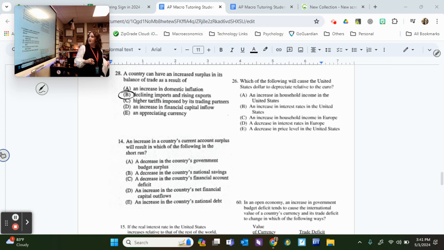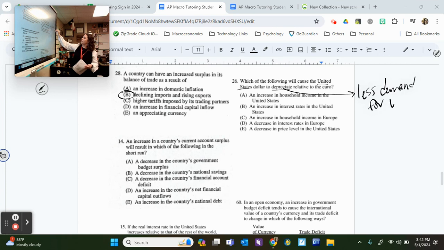Let's move on to 26 just because it's right here. It says, which of the following will cause the United States dollar to depreciate relative to the euro? So we're looking for the US dollar to depreciate. We're looking for either less demand for the US dollar, or you can think about more supply of the US dollar, but I think it makes more sense to think of what is something that people don't want the US dollar for.